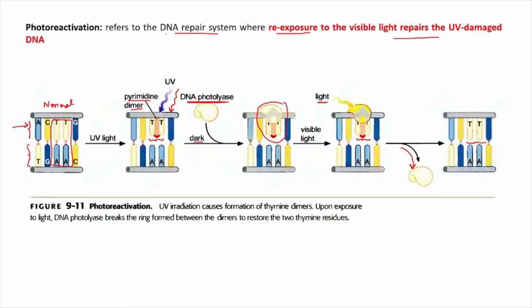So what happens? First, on exposure of the normal DNA to UV light, thymine-thymine dimer formation happens, and when that same DNA plus the enzyme DNA photolyase is exposed to visible light, the enzyme repairs the dimer, and afterwards it leaves the DNA, leaving the repaired DNA intact.